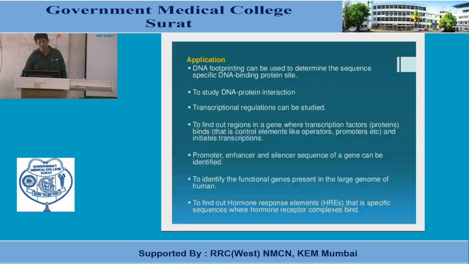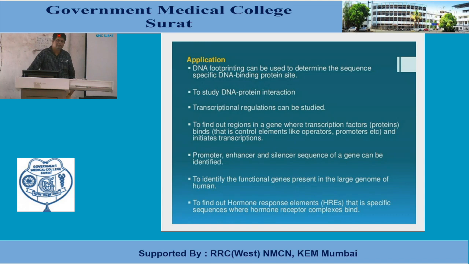Okay, application: DNA footprinting can be used to determine the sequence at a specific DNA binding site, DNA protein interaction, transcriptional regulation, where the transcription factor is going to be attached, to find out the region in a gene where the transcription factor binds that control elements like operators and promoters, and they initiate the transcription. We can identify not only protein, but we can identify transcription factor, operator, promoter.